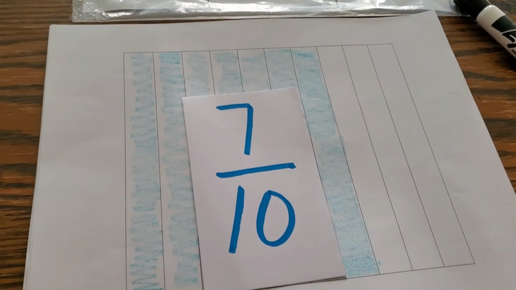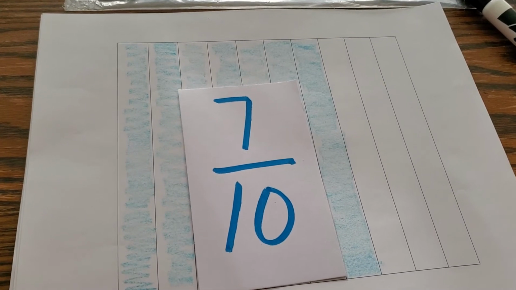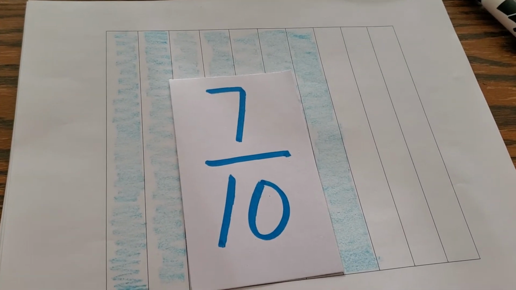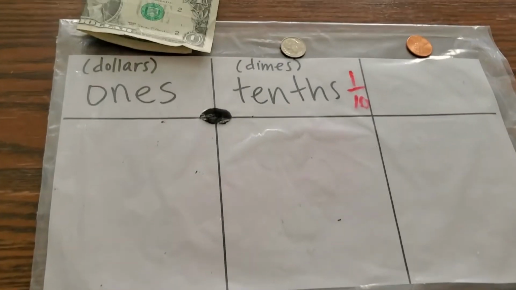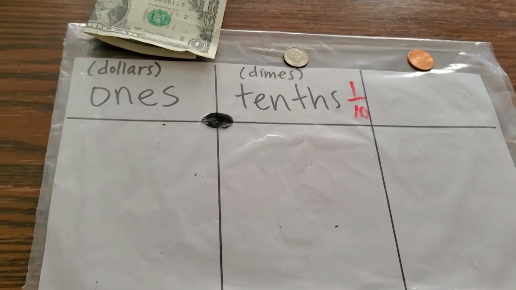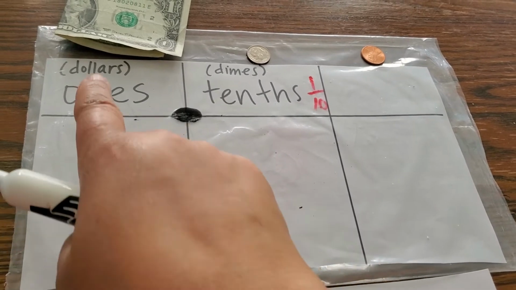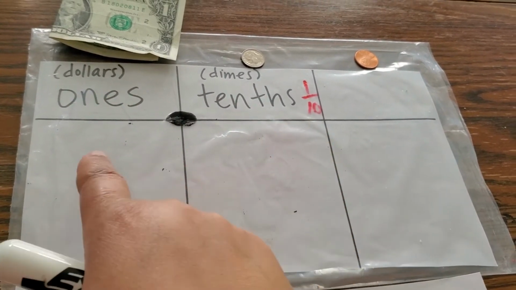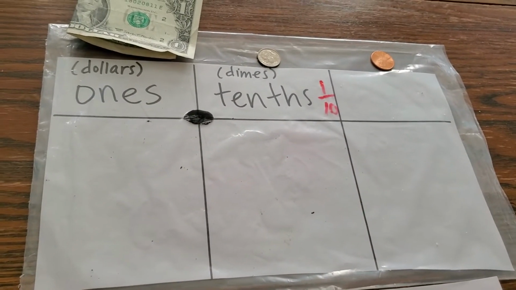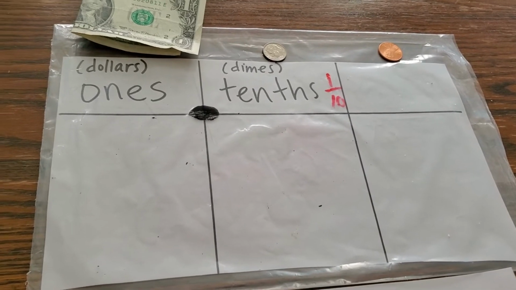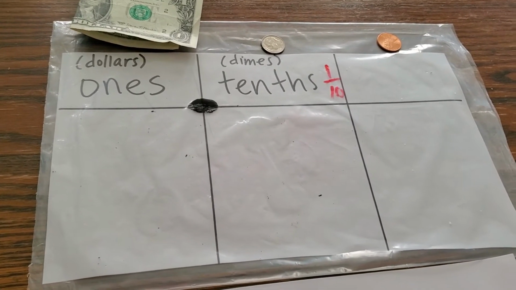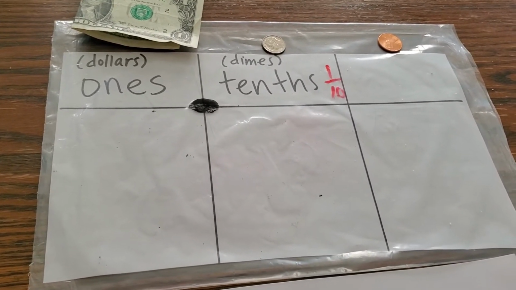Okay, so if I was going to make 7 tenths into a decimal, I'm going to look at my decimal place value chart, and we have ones and we have tenths. I can't make this 7 ones because if one whole is $1, 7 tenths of a dollar is not $7.